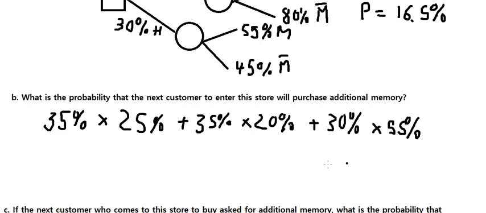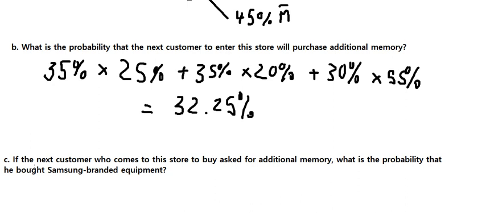We sum all the numbers together, and we have 32.25%.